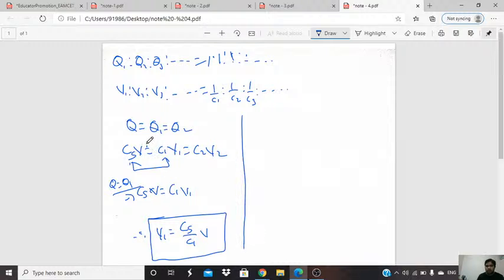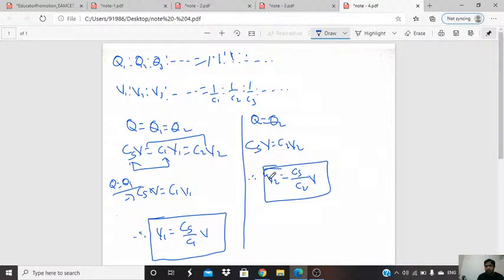And equate these two, that is Q equal to Q2, Cs V equal to C2 V2. So V2 equal to Cs by C2 into V, like V3, V4, like that for nth potential of nth capacitor, Cs by Cn into V.